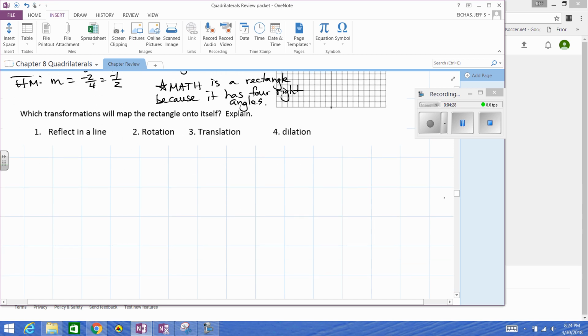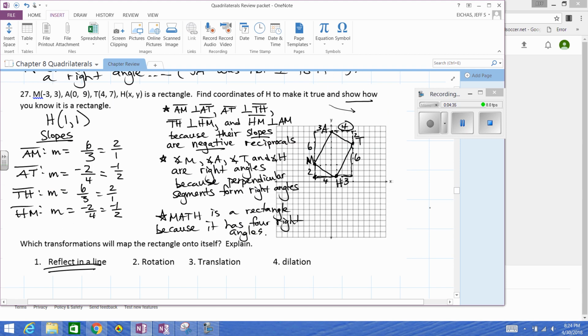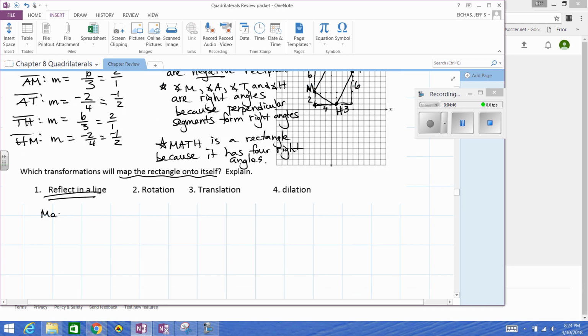Now, which transformations will map the rectangle onto itself? Reflection on a line is definitely going to happen. There's 2 lines of reflection, 2 lines of symmetry. So mapping onto itself is symmetry. Rectangles have 2 lines of symmetry.